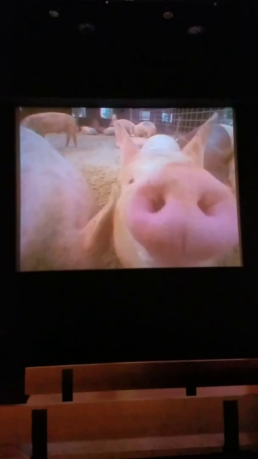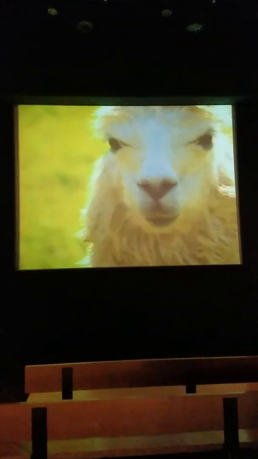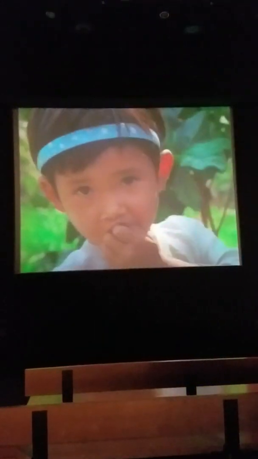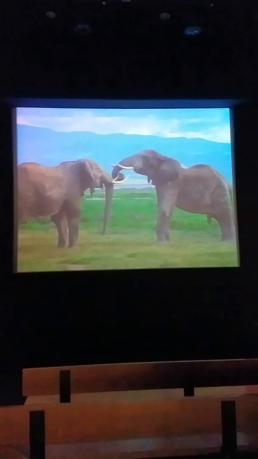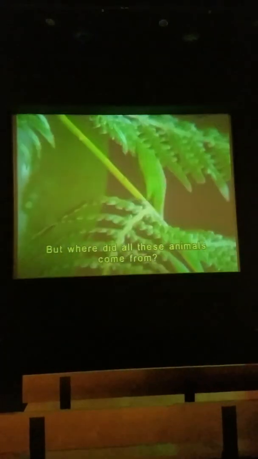For hundreds of millions of years, vertebrates have been evolving, thriving, and becoming extinct. But where did all these animals come from?